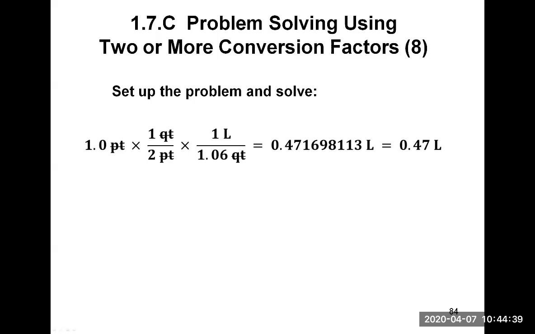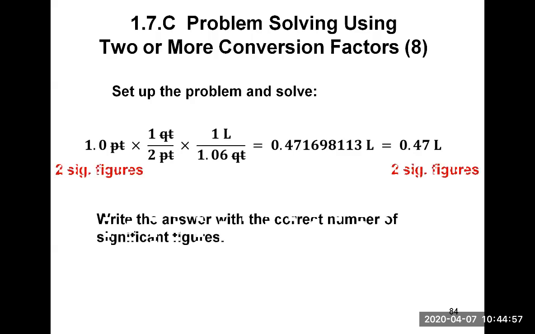What comes after the 7 is a 1, so that means we will round down and we will keep the 7 and drop everything that comes after. So the final answer will be 0.47 liters. And so that's how we convert 1 pint to liters.